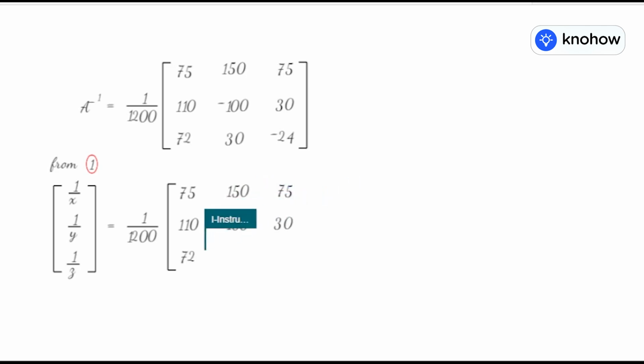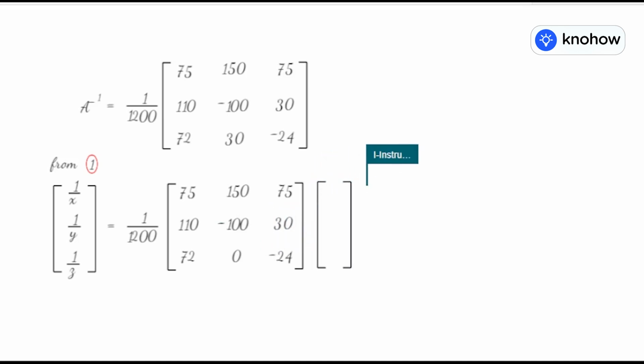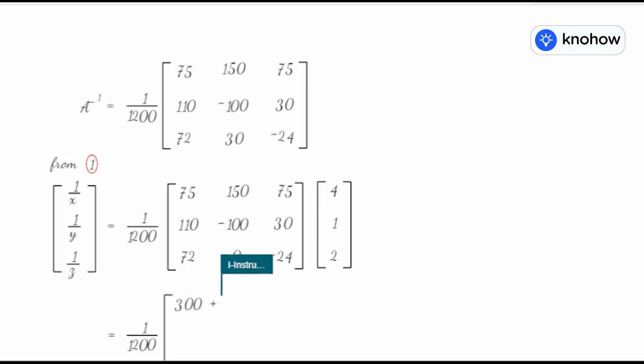And what is the constant matrix? It is 4, 1, 2. And now it is a matter of multiplying the two. So you have 1 upon 1200 outside. Multiply the elements of row with column. You get 75 into 4, that is 300, plus 150 into 1, that is 150, and plus 75 into 2, that is 150.